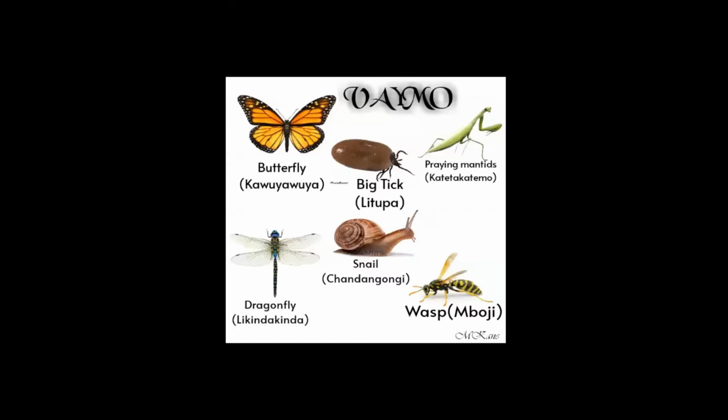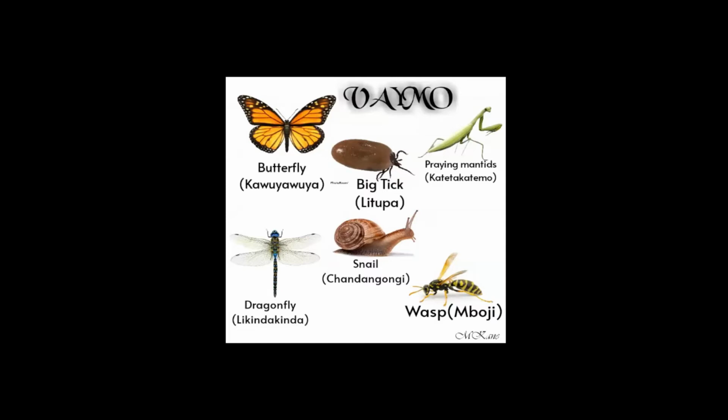I was reading fast. Katetakatemo is the correct way of reading it. So that's the green insect on top there.